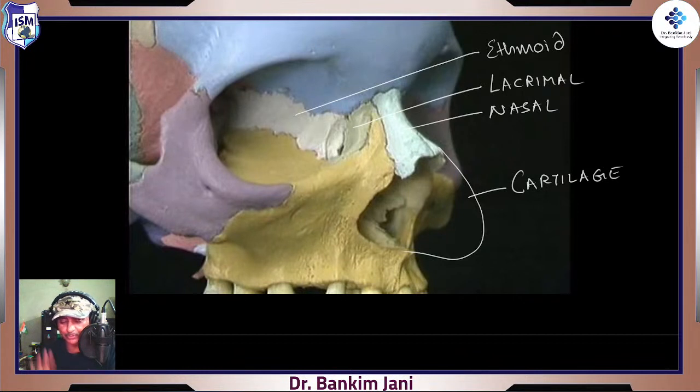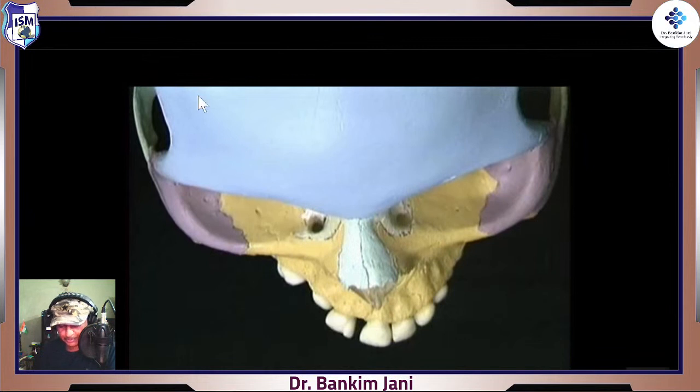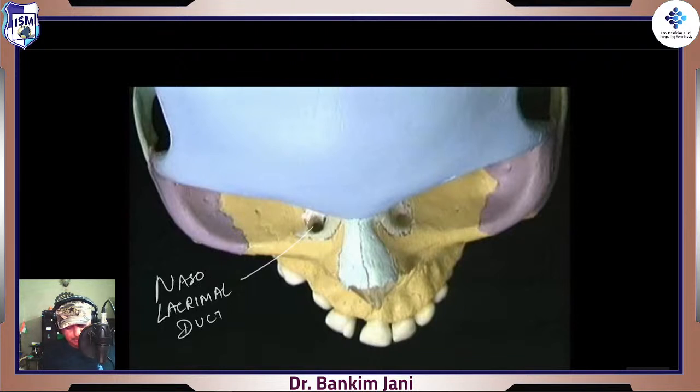Otherwise, the nasal bone is only this much. Now see, this is the gap. Now we are watching the skull from the top, not from absolute top but at an angle, because this is the opening of the nasolacrimal duct.